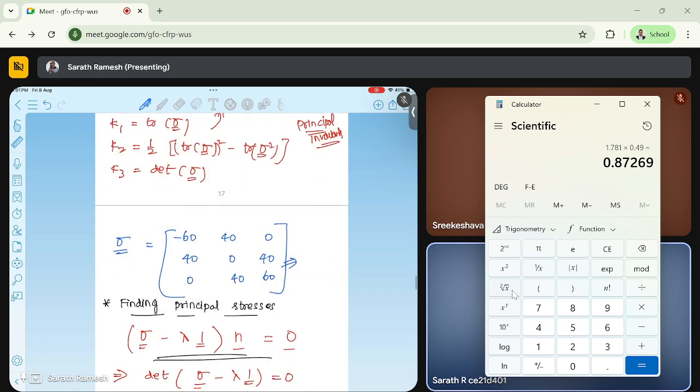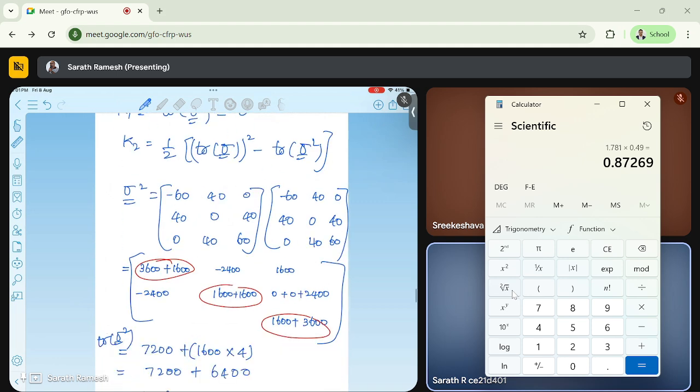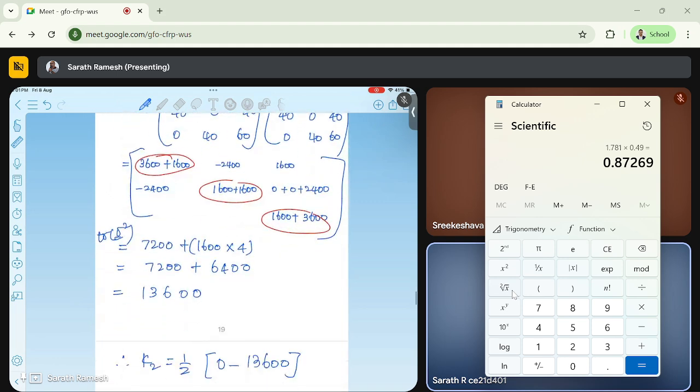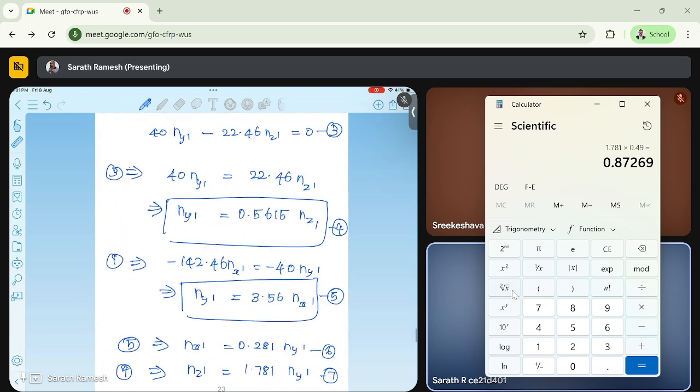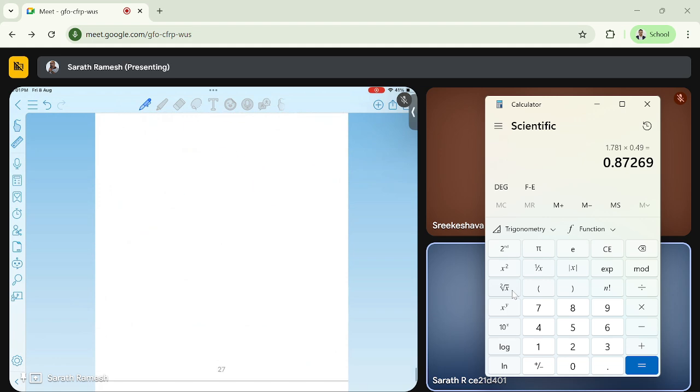Trace of sigma is 0 and trace of sigma square is 13,600, we have found out. So this is equal to 0 minus trace of sigma square, which is 13,600 by 3 minus 0.